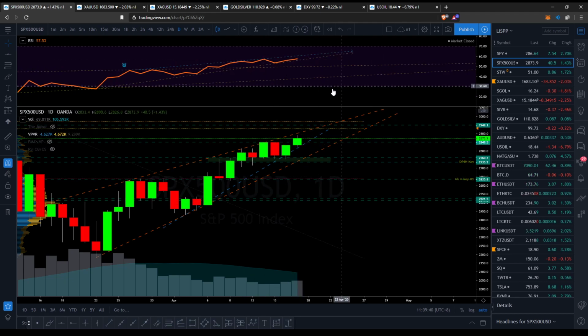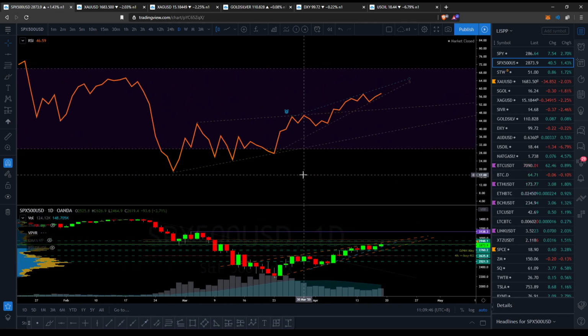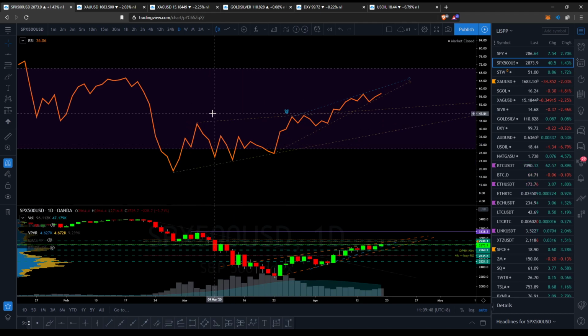Also, I have my RSI, and I've started drawing some trend lines on RSI, and I'm really liking it as well. So you can see here we are also in this rising wedge on the RSI. If we push any more up, we're also going to be pushing into this resistance zone here.